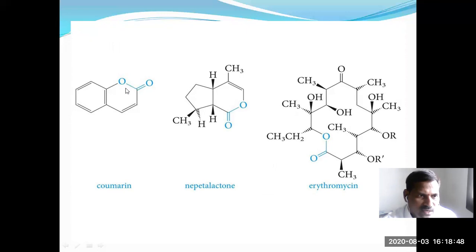This is a lactone. Naphthalactone, erythromycin. Erythromycin also has an ester linkage. This is a lactone. Naphthalactone also has it like this, and coumarin. These are the lactones.